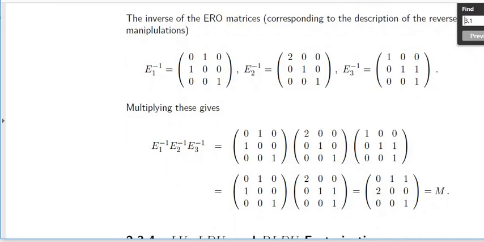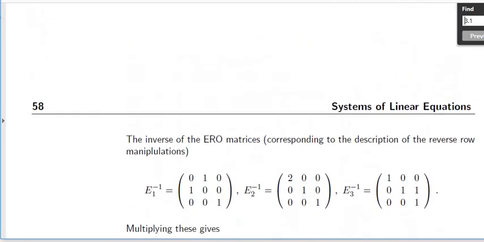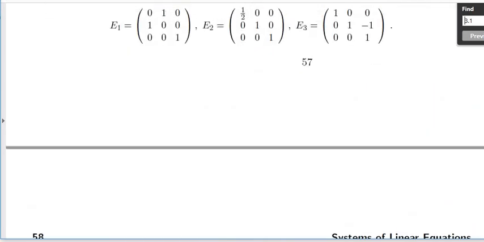Now these also have inverses. The inverses of these elementary row operation matrices: if I swap two rows, then to undo that operation, I just swap the two rows again. So you can see that this elementary row operation matrix is its own inverse. In the second case, I divided the first row by 2, and to undo that, I would multiply the first row by 2.